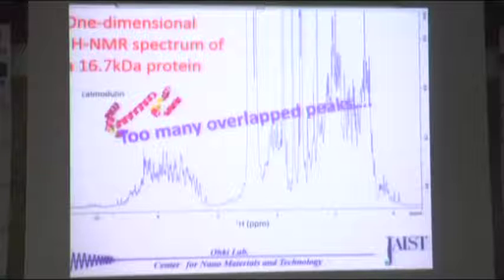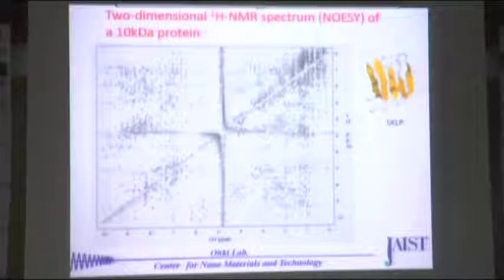To overcome this situation, how should we do? Normally we try this kind of two-dimensional proton NMR spectrum. This is a kind of proton NOESY spectrum. NOE gives you the distance information of proton-proton pairs. There are many peaks in the off-diagonal region.